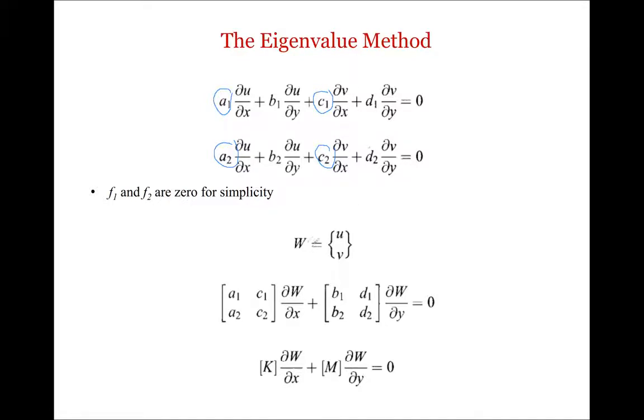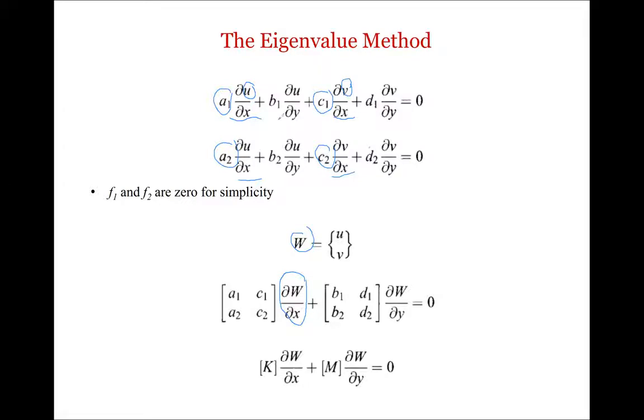So u and v are functions of W, and all are derivatives with respect to x. So these four values must be the whole derivative of delta W by delta x.